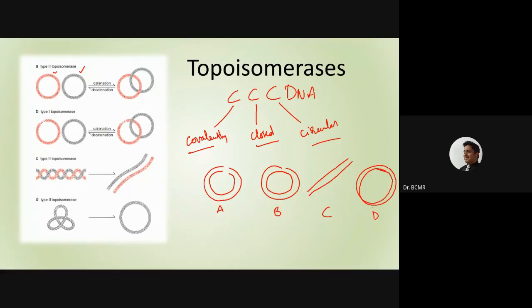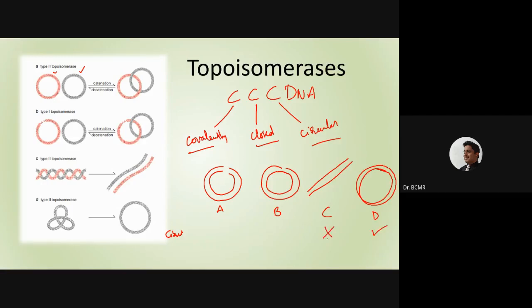I'll have a series of questions. I encourage you to try to answer. Which of them are all circular? I want you to just tell me the options that are circular in nature in this case. D is circular, yes.